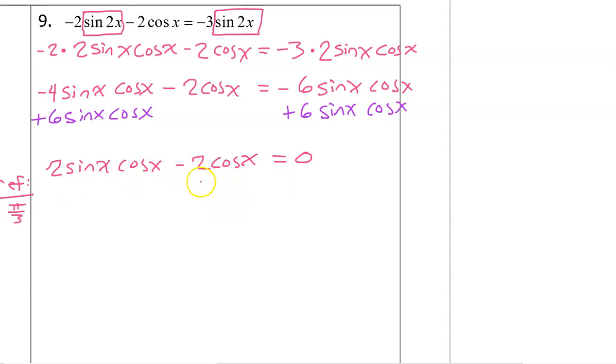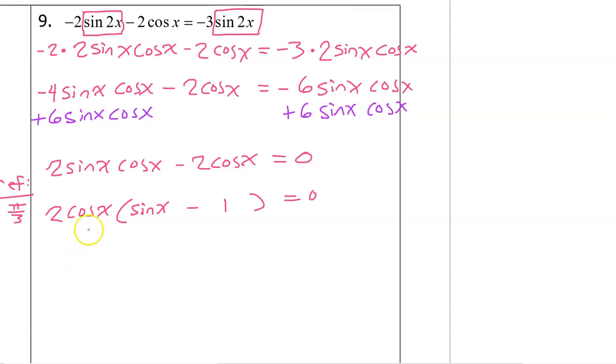Time to factor out the GCF. I see that both terms have a cosine x, but they also both have a 2 in common. So the GCF is going to be 2 cosine x. So let's go ahead and pull that out. That's going to leave behind sine x minus 1. And this all equals 0.